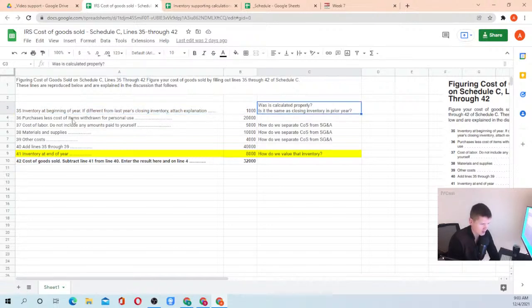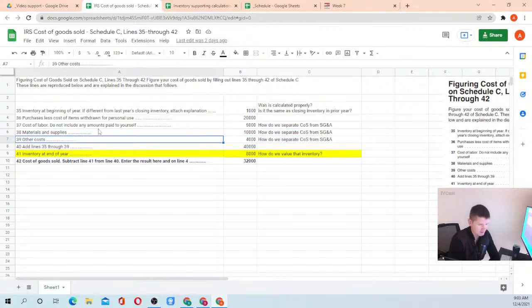We add purchases, so whatever we purchased into our inventory. Then we add cost of labor. Then we add other materials and supplies, as well as other costs.